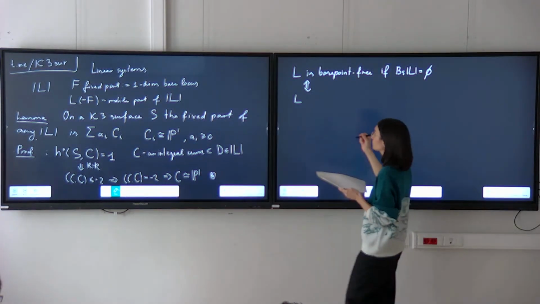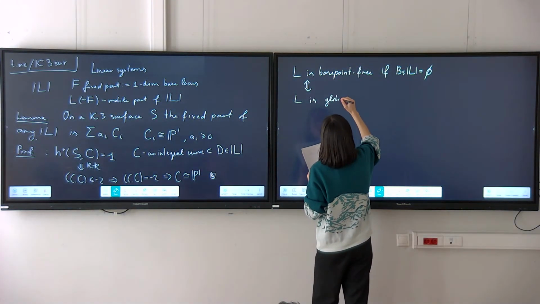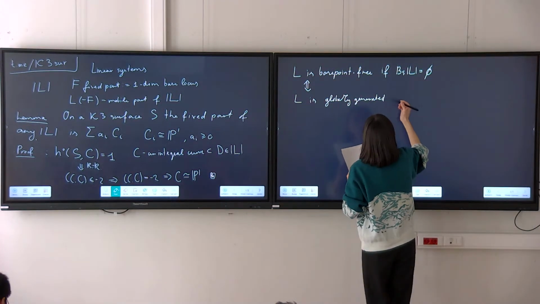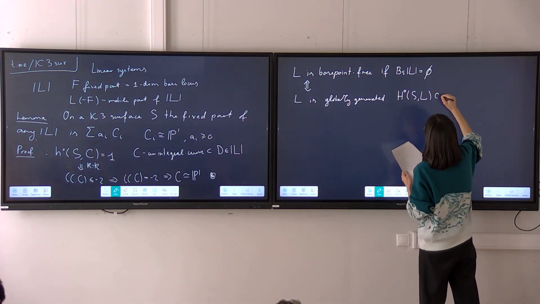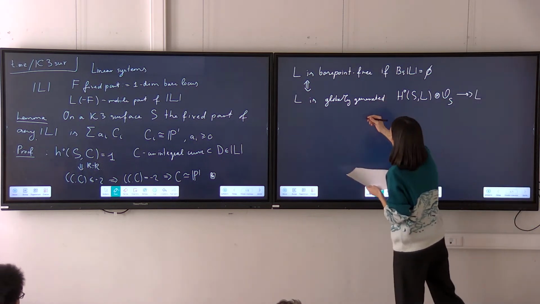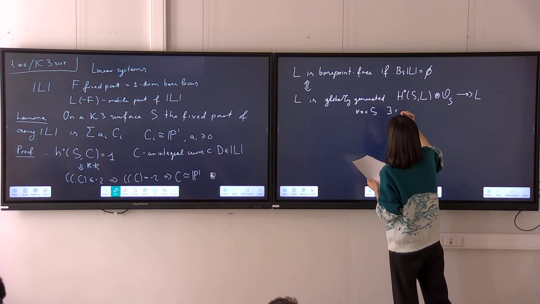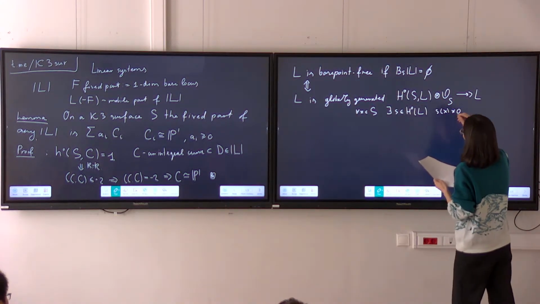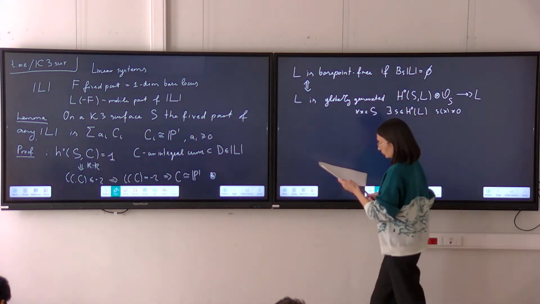Yes, this means that L is globally generated. This means that we have a surjection from global sections to L, so for any point of S there exists a global section that is non-zero at that point. And this is, of course, equivalent to the condition of being base point free.